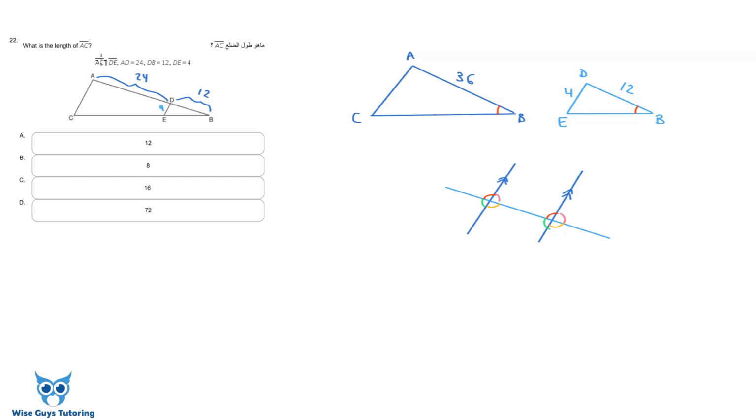That's why they mentioned that AC and DE are parallel, right? So if this side is parallel to this side, well then I get these corresponding angles as well. So this angle will be the same as this angle because they are corresponding. You also have these angles on top, which will be equal. This one here and this one. Again, for the same reason, you have two parallel lines and a transversal.